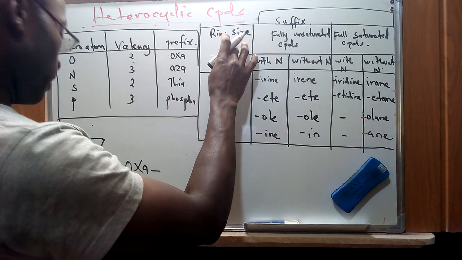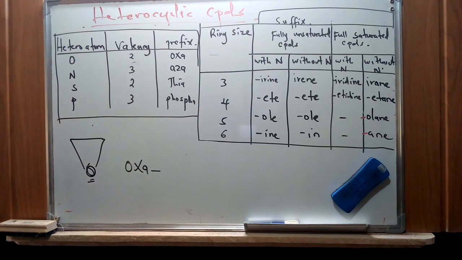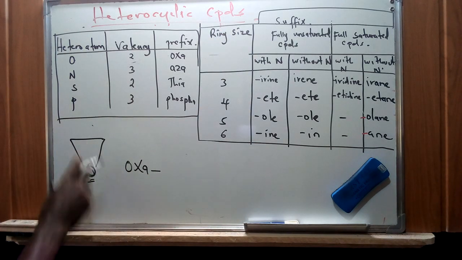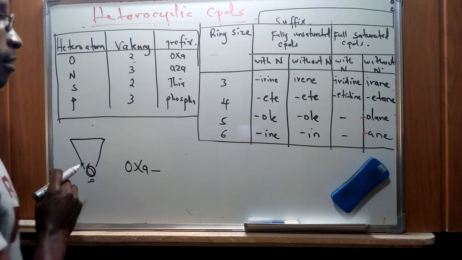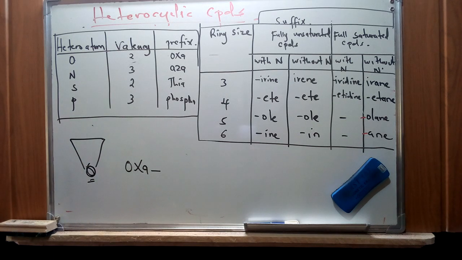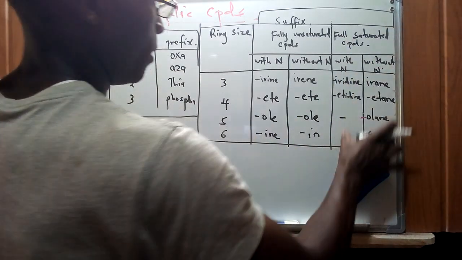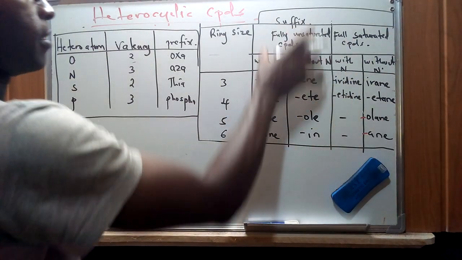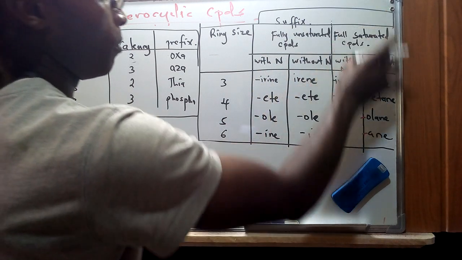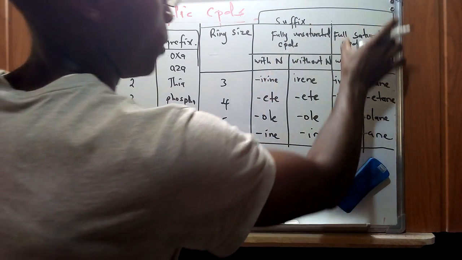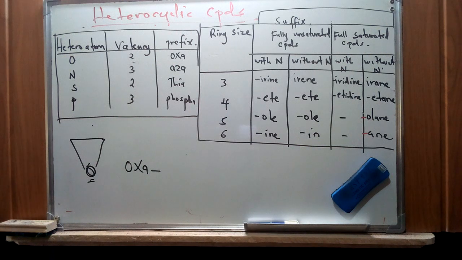First of all, the ring size is 3: 1, 2, 3. The ring size is 3, and therefore we are going to use the first row. And then the compound is saturated; it does not contain a double bond. Therefore, we are going to consider the second column, the fully saturated compound column.